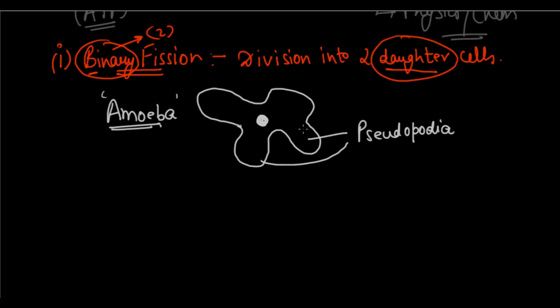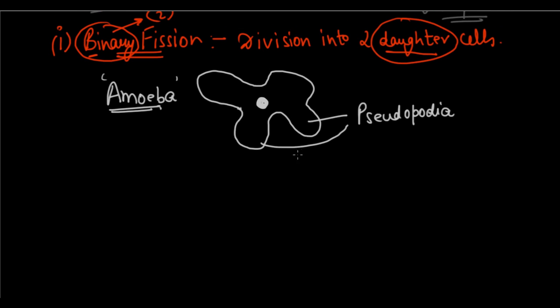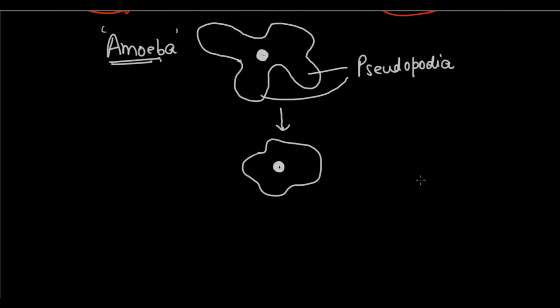First of all, the amoeba is going to retract these pseudopodia back into its cell membrane and form an amoeba which has very few protrusions, something like this. It does not want those pseudopodia anymore because it's getting ready to reproduce, to divide. So it retracts those projections and forms a more regular cell membrane.